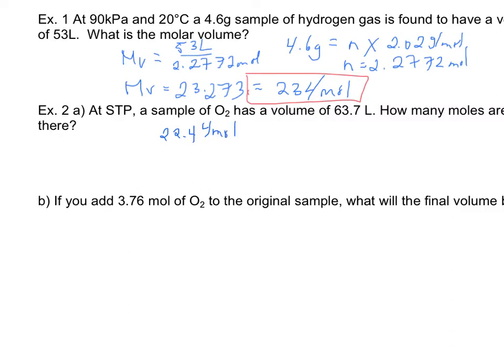That's the constant for any ideal gas. If I have 63.7 liters, I can rearrange and solve for the moles of the sample. I can only have 3 sig digs in my answer, so I'm going to round to 2.84 moles.